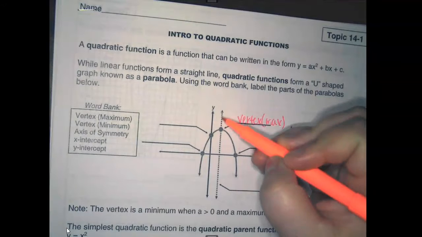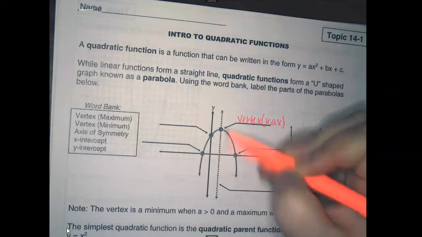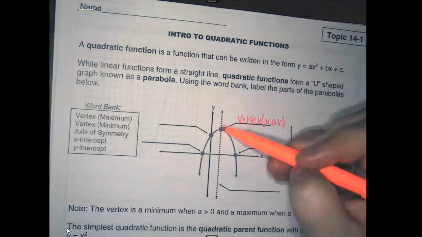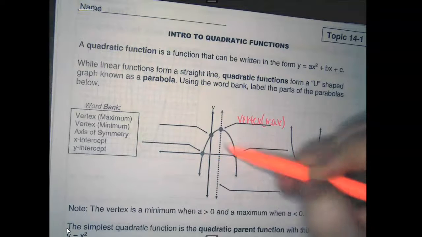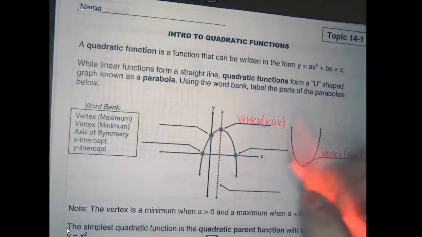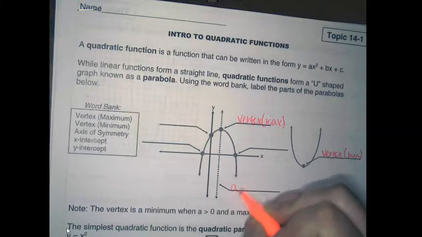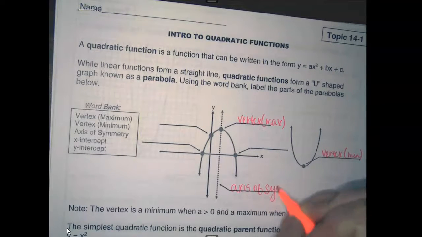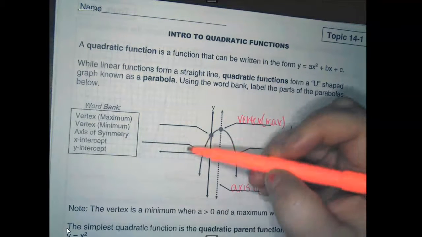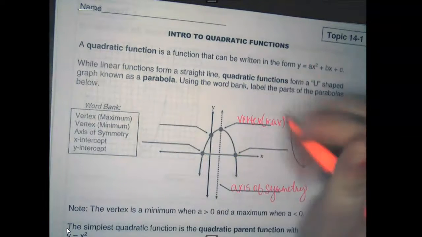Axis of symmetry is the line that goes through our vertex, but you can see that it has the same amount of space coming from that point on each side. So this is our axis of symmetry. You'll notice there are two x-intercepts because there's two spots it crosses the x-axis.